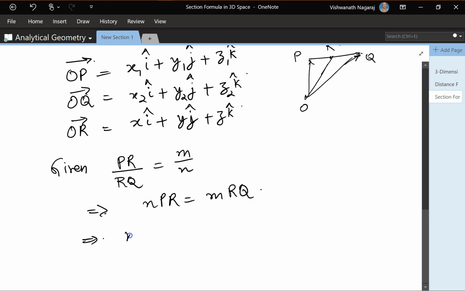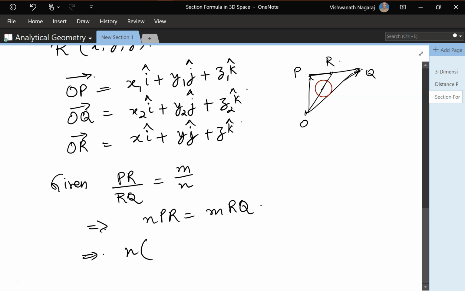Now, PR can be written as OR vector minus OP vector. This is vector arithmetic, and RQ can be written as OQ vector minus OR vector.